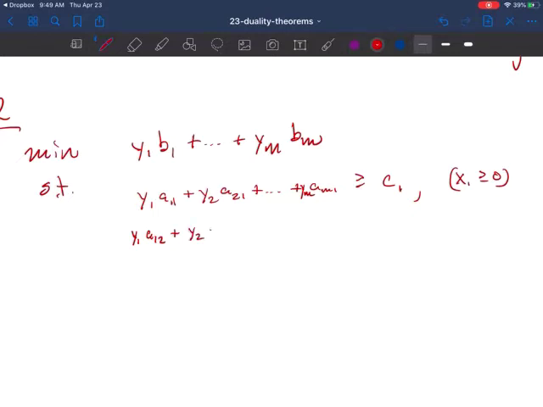Oops, of course I can't forget the ym here. It'll be y1, a12, plus y2, a22, plus dot, dot, dot, plus ym, am2 is greater or equal to c2. That's because x2 is greater or equal to 0. And of course, this is true for all the variables.